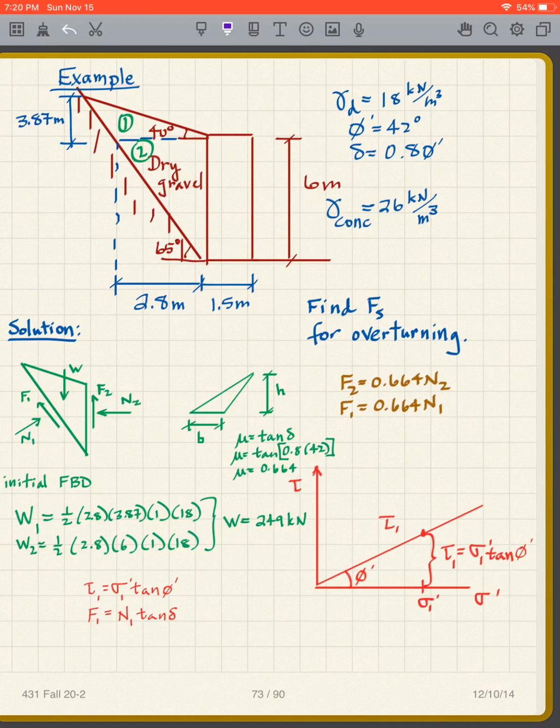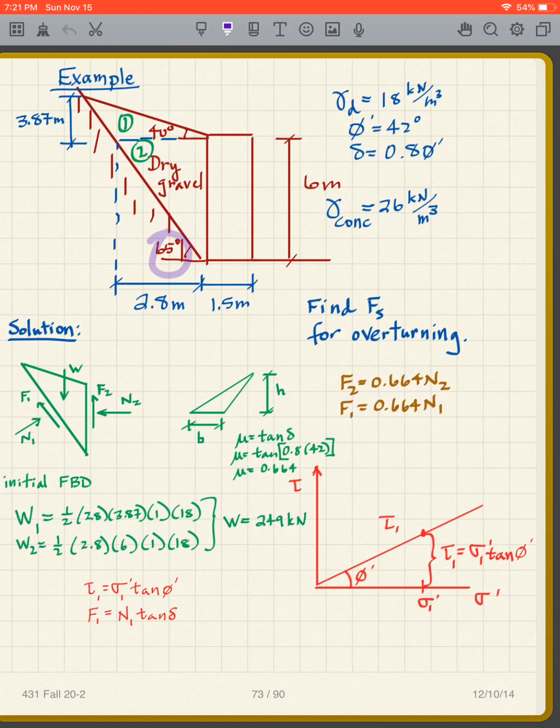The geometry is a little bit more complicated now. I have 65 degrees there and 40 degrees there, and I have my intersection there, and I need to calculate. I need to draw this free body diagram of this wedge here.